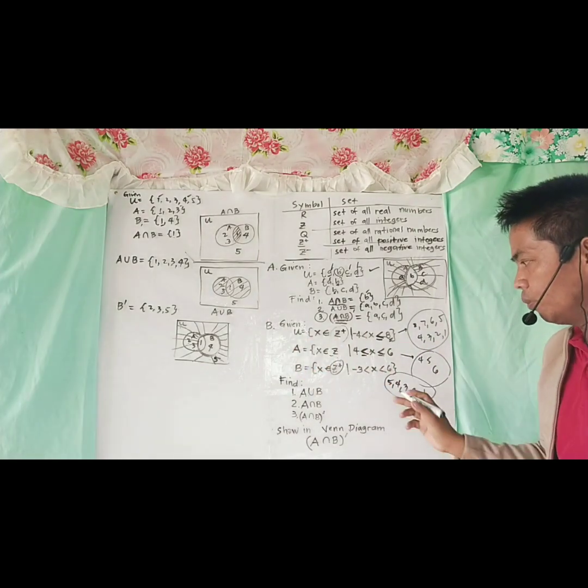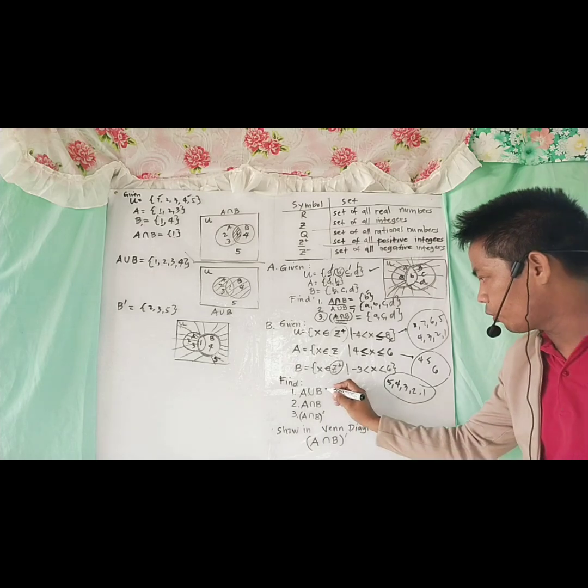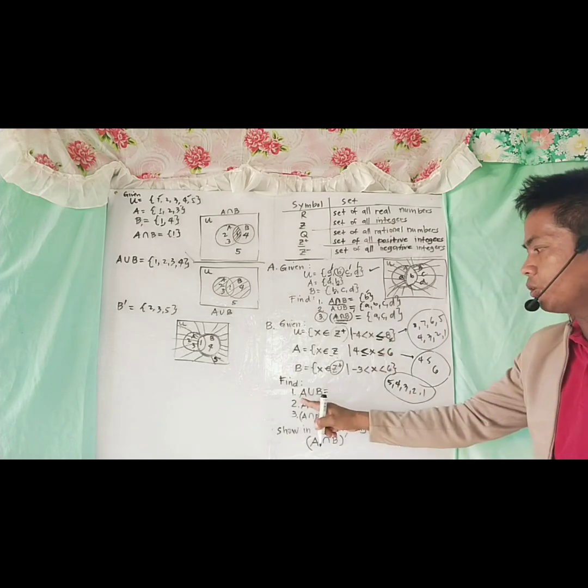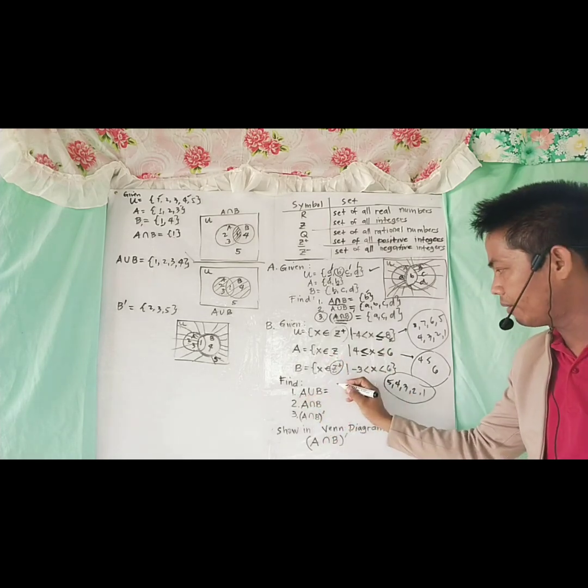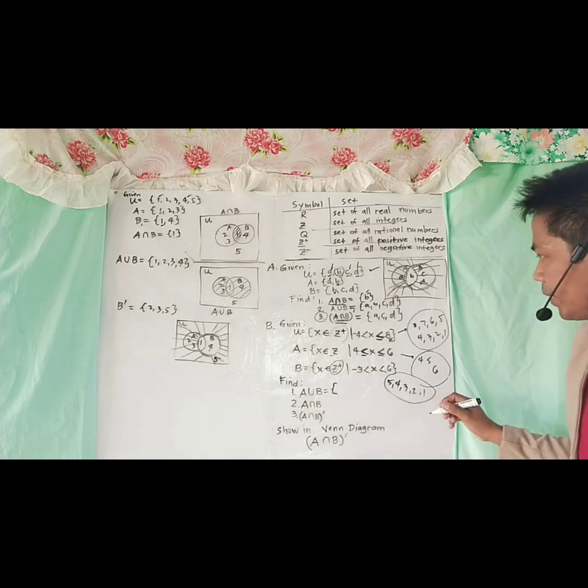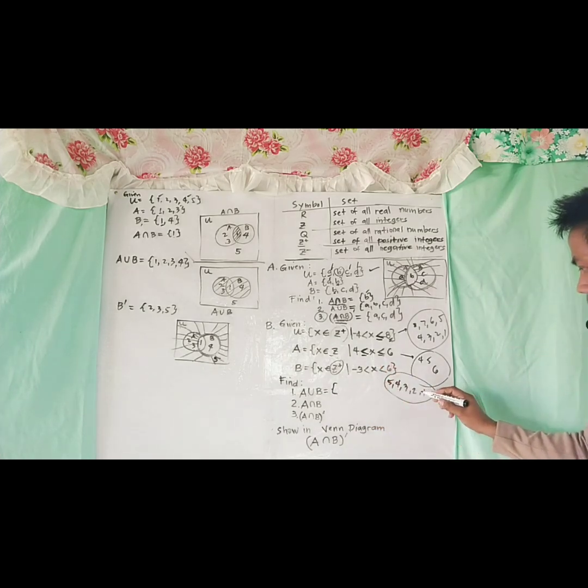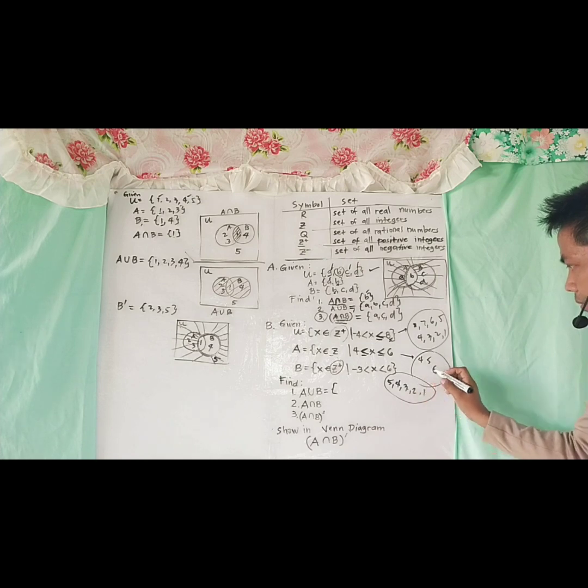How are we going now to look for A union B? Combine the elements of A and the elements of B. We have 1, 2, 3, 4, 5, 6.